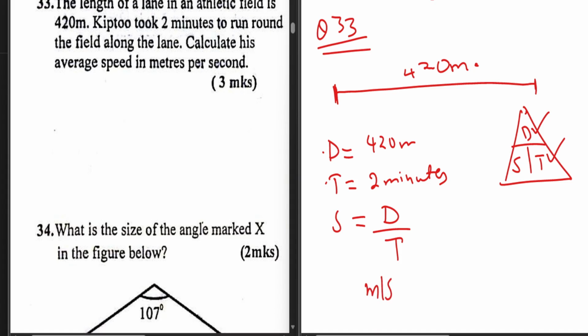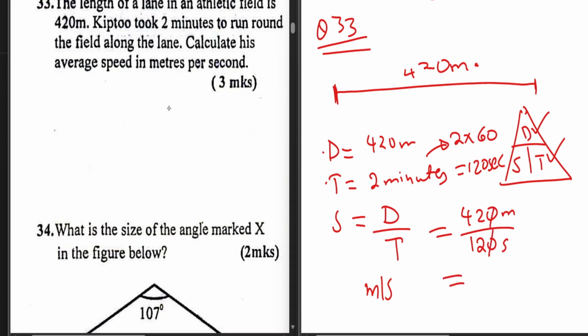The speed should be in meters per second, and therefore the time should be in seconds. So if 1 minute gives you 60 seconds, 2 minutes will be 2 times 60, which is 120 seconds. So your distance in meters is going to be 420 divided by 120 seconds.